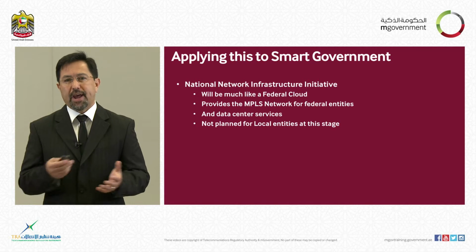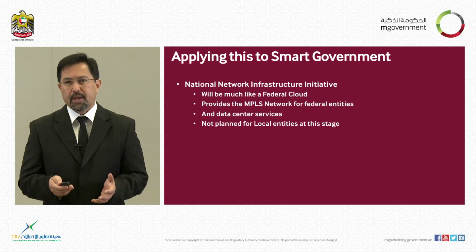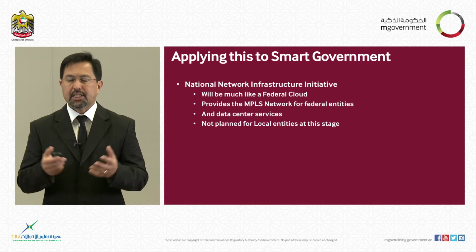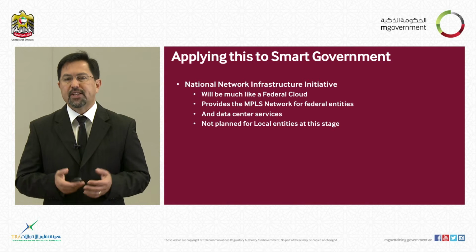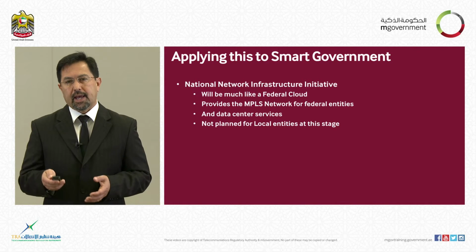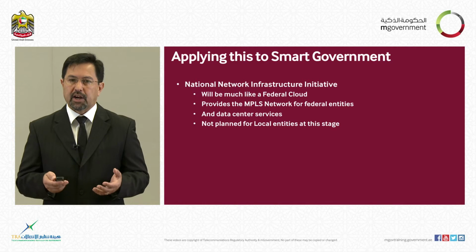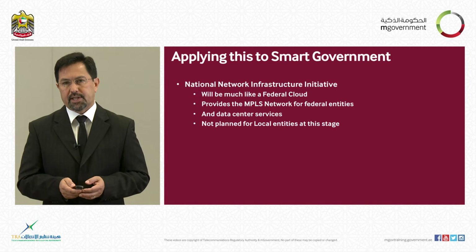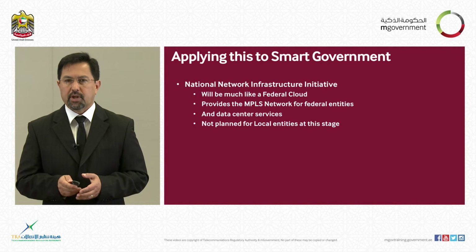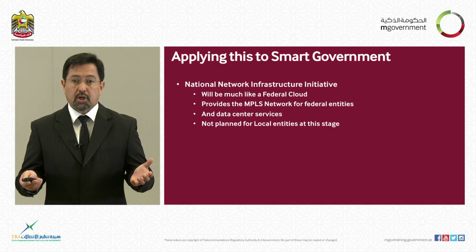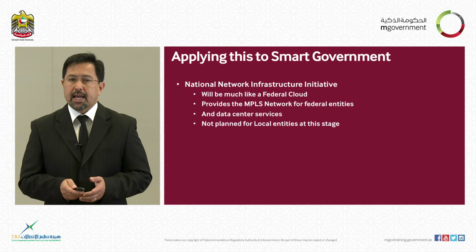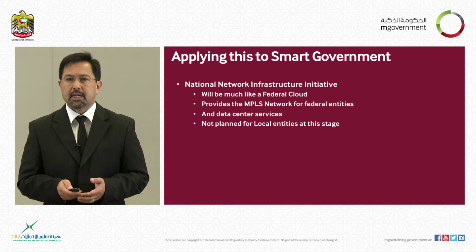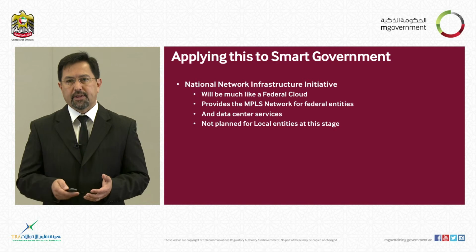So it has all the advantages of really owning your own, but in a shared model where the government as an entity overall is going to provide the physical facility, and you as an organization inside of the government can have ownership of the applications, the data, those kinds of things that you're responsible for inside of your own entity.